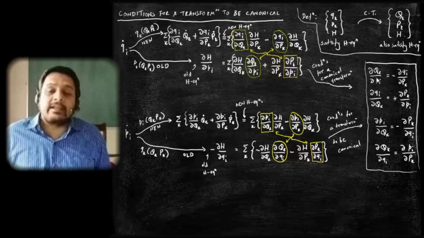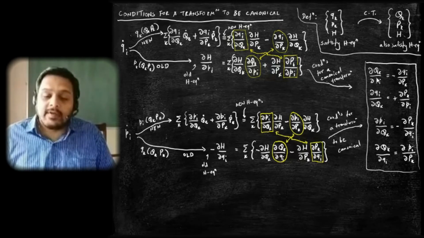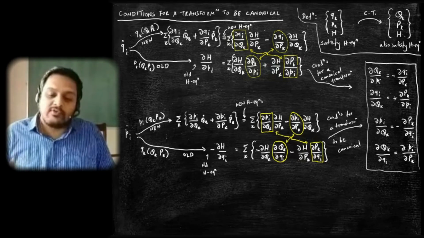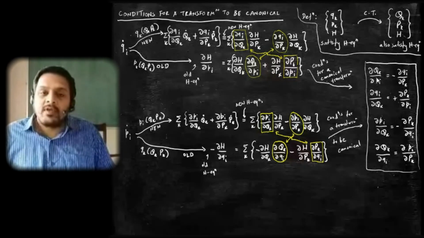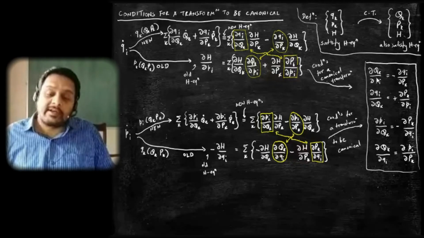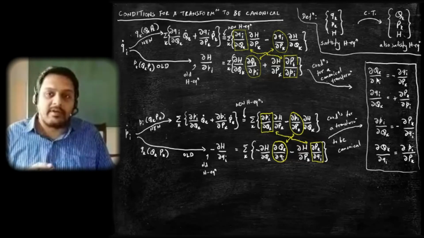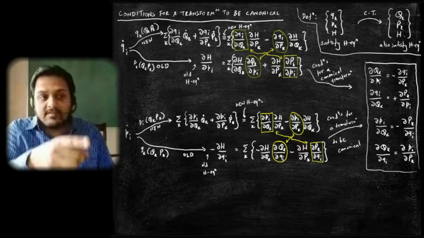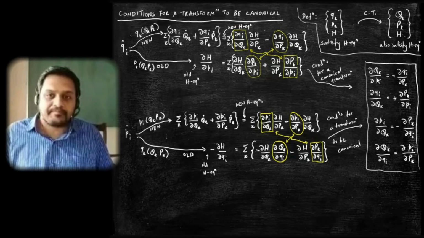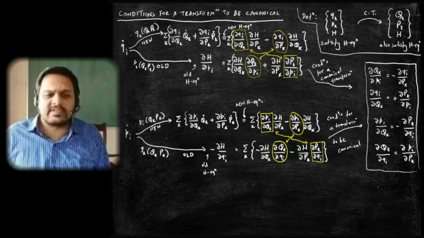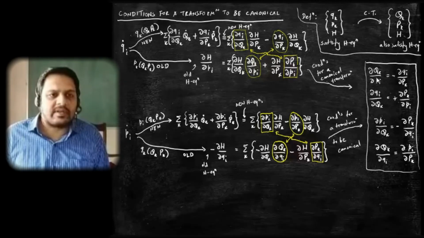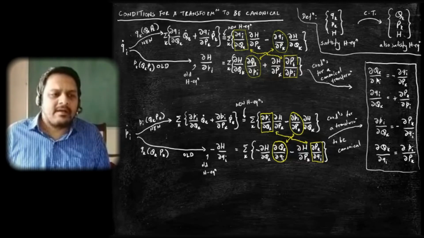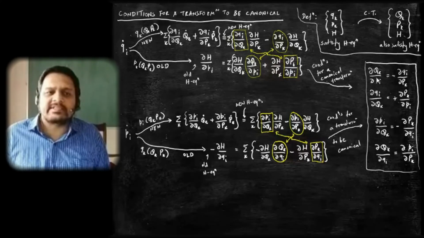Otherwise, when you replace small q, small p in terms of some function of capital Q, capital P, you are not absolutely sure that the new variables will satisfy Hamilton's equations. This is what will make you sure about that. So these equations can be used in a variety of ways, which we'll come across during the tutorial session. Okay, but right now we are using this just as a piece of the puzzle.